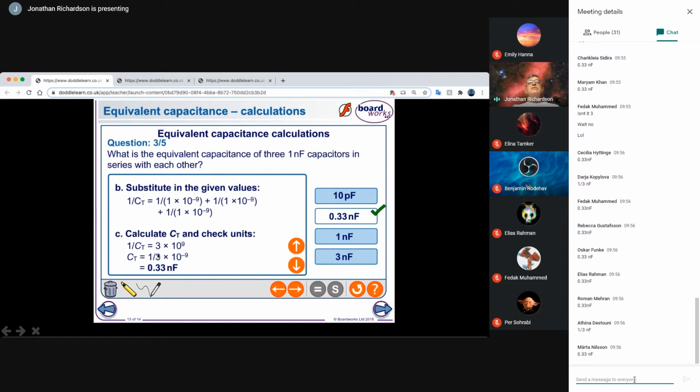So those of you that wrote 1/3, yes, correct, but you do need to write the multiplier or the order of magnitude so that we do get the correct value in there. So please bear that in mind and remember that for future reference.